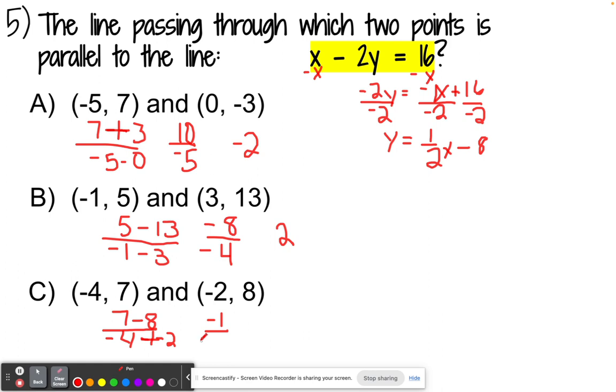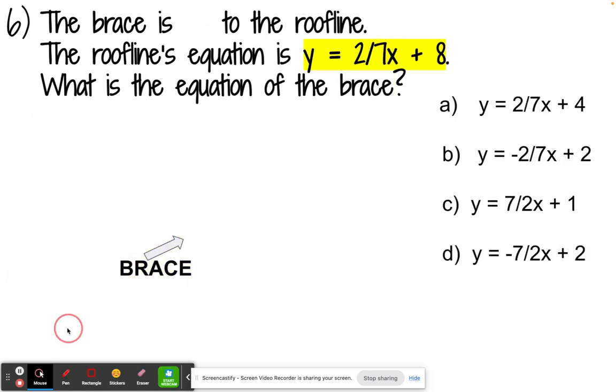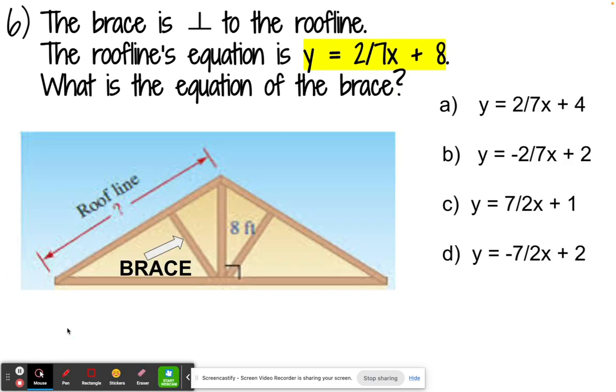Negative 4 plus 2 is negative 2. Negative over negative is a positive 1/2. C is my correct answer. Some of these require a lot of work to figure out. I didn't have to write the equations of the lines there, though.